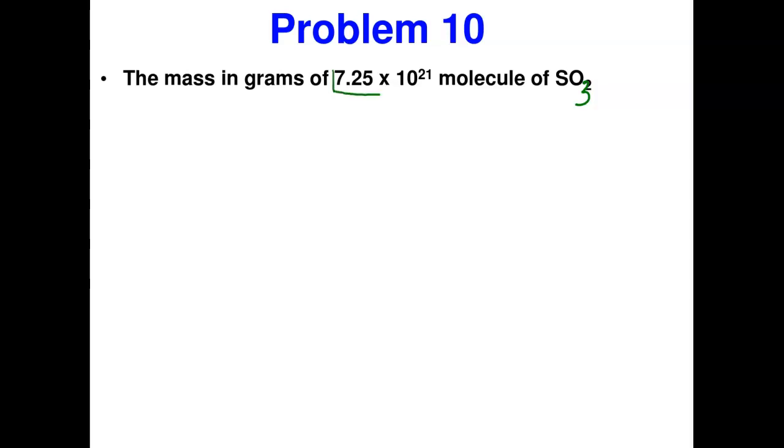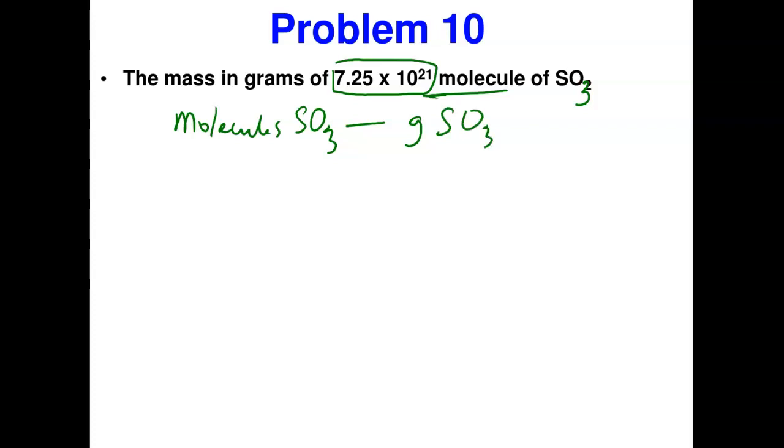Now, the basic thing we are doing here is that we want to convert from molecules. So we're converting from molecules of SO3 to grams of SO3. Again, we're going to use the same relationship like we used last time.